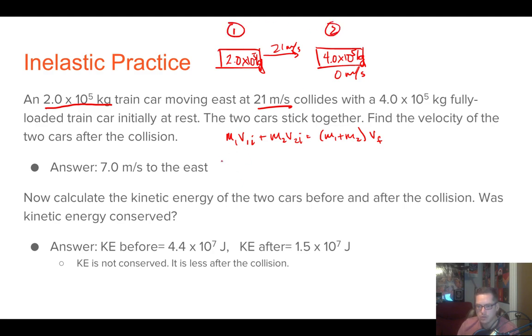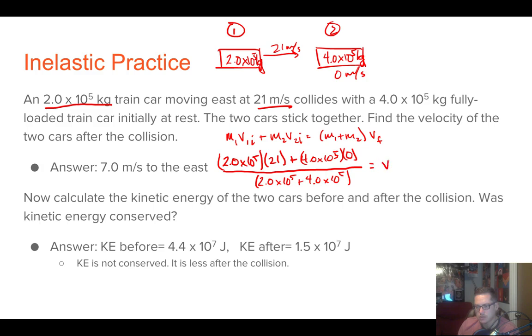So m1 was 2.0 times 10 to the 5th, times our initial velocity, which was 21, plus m2, which is 4.0 times 10 to the 5th, times 0, because we have a 0 initial velocity for that guy, and then we're going to divide it by m1 plus m2. So that'd be 2.0 times 10 to the 5th plus 4.0 times 10 to the 5th. And that's going to be equal to our final velocity.